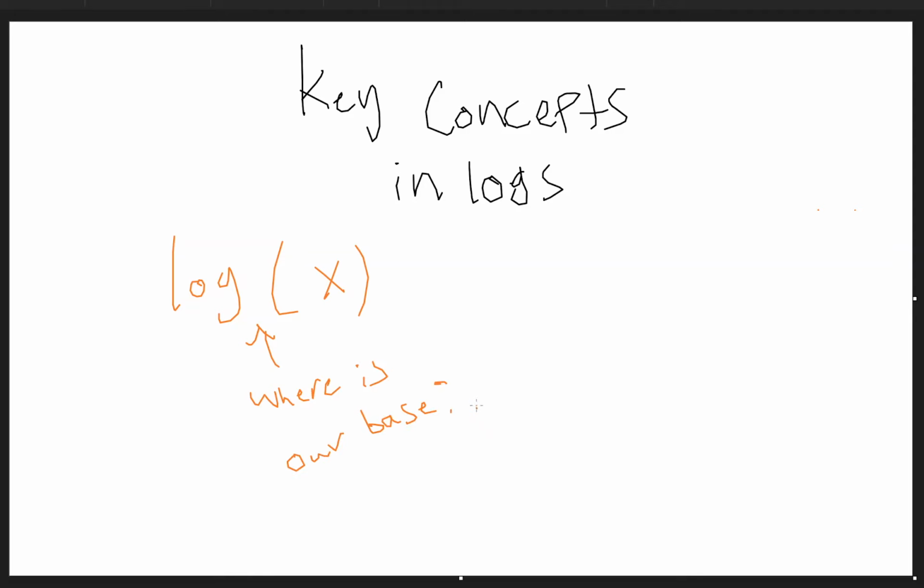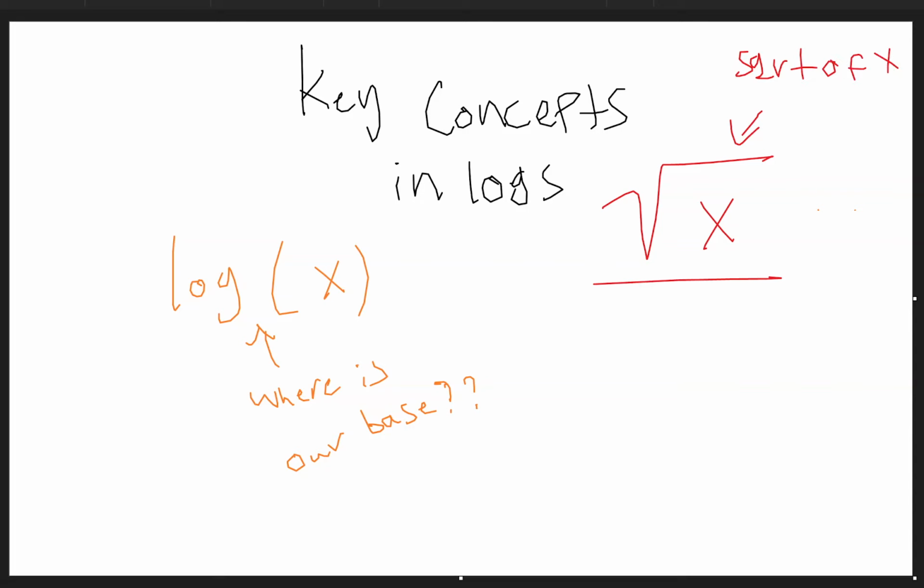That brings up a good question. If we have a square root, it doesn't show the 2 for the index, it's just the square root of x. We just automatically assume this is the square root of x, right? We assume this way in logarithms too.